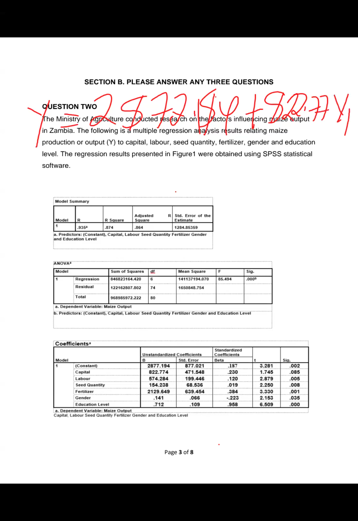You get it, right? Plus 574.28 x2. Are you following, right? And so on. I think you get what I mean. From here, you go to the next coefficient, x3, x4, x5, plus the error term. We are good?